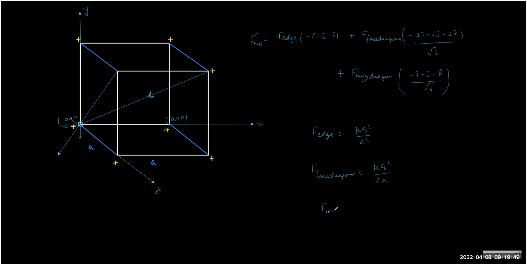And obviously the body diagonal will be kq square by 3a square. Yes, sir. So now it's only about you can substitute and simplify, you will get the right answer.